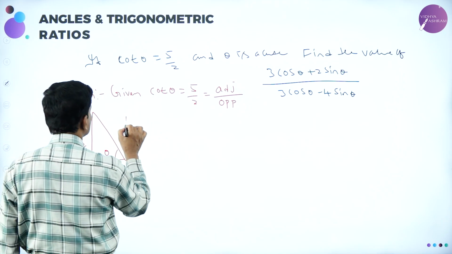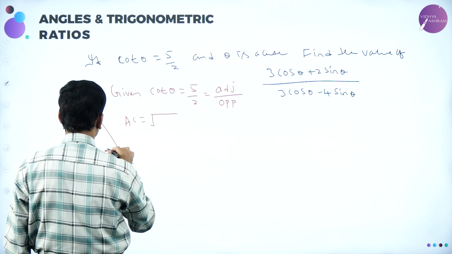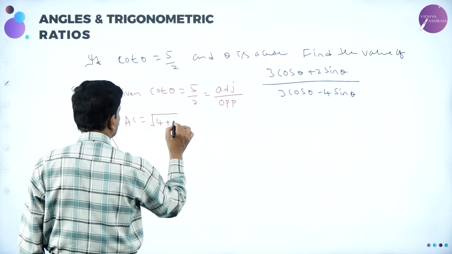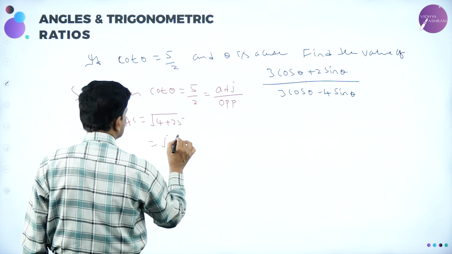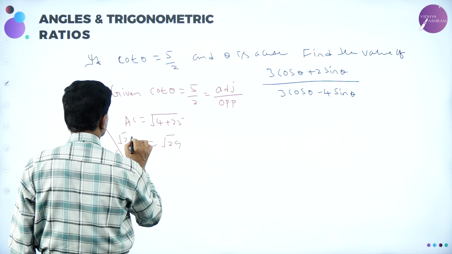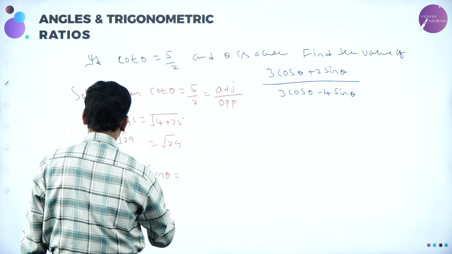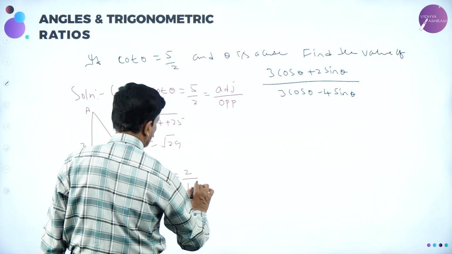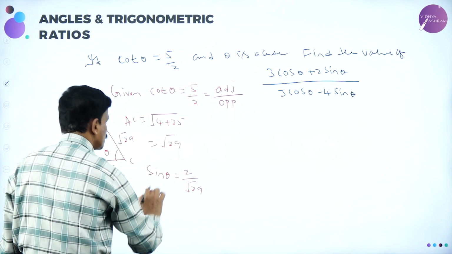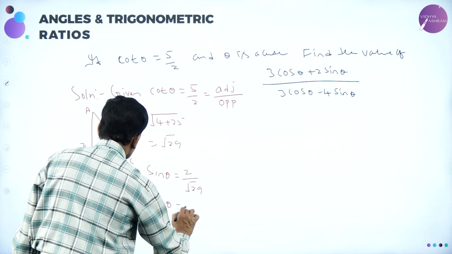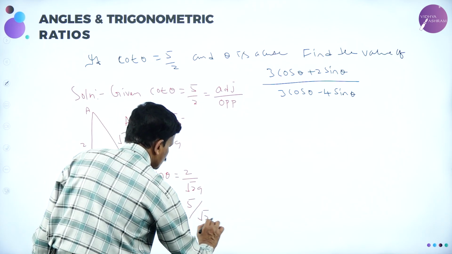Find out AC. AC is equal to root of AB square, 2 square is 4, plus 5 square is 25. This is root 29. Find out the value of sin theta. What is sin theta? Opposite by hypotenuse, 2 by root 29. And cos theta? Adjacent by hypotenuse, 5 by root 29.